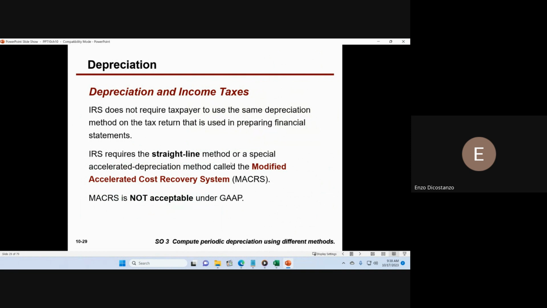Depreciation and taxes. The IRS doesn't require taxpayers to use the same depreciation method on tax returns that it uses for financial reporting. So also, for people who study companies and read annual reports, you'll learn this when you get into taxes: what the tax regulations are in terms of reporting and what the SEC requires in terms of reporting of financial information can be different.